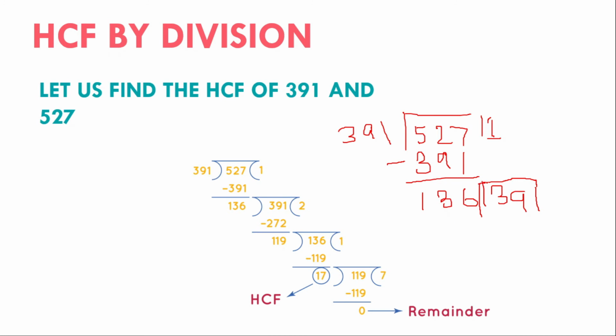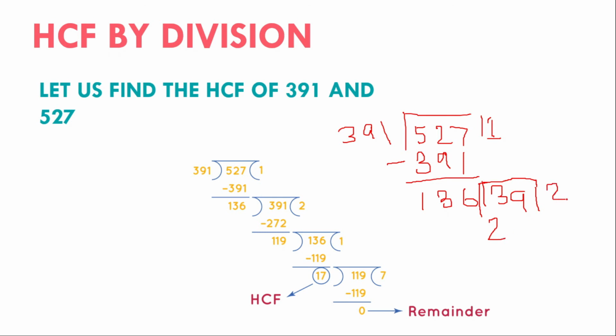When we divide them both, how many times will 136 be included in 391? 2 times. So 136 into 2 is 272. So let us write 272.